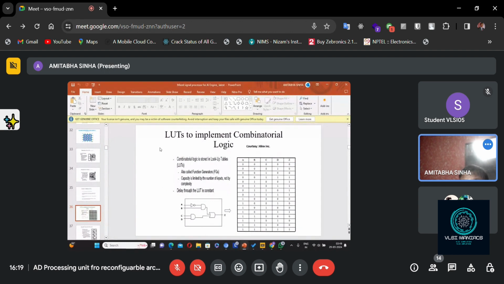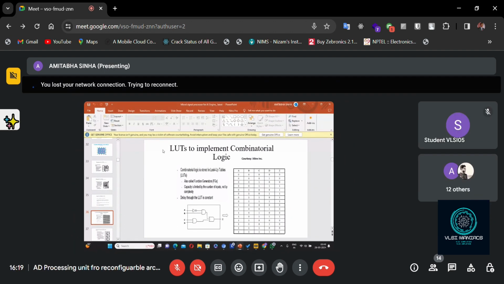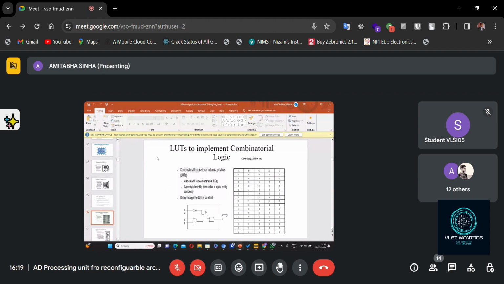So when you write in high level, the CLB will have its contents defined. For all the CLBs, what should be the contents will be defined, and how these CLBs will be interconnected.